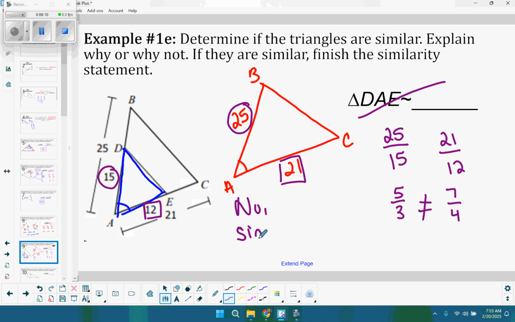The sides are not proportional. There's really only 2 reasons that we're going to have besides not enough information is given, and that's that the sides are not proportional or that the angles are not congruent. Those are the only 2 things that could really go wrong with our similarity.